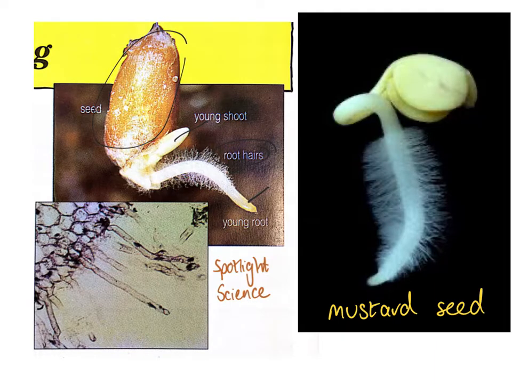And then just below, just to point this out, you can see here this is a microscope image of the roots of a plant and the root hairs, and you can see the different cells up here, and these are the root hairs that are coming out, and we'll have a little look at the structure of a root hair cell and how it helps water absorption in a plant. So pause the video now and copy that diagram into your notes.